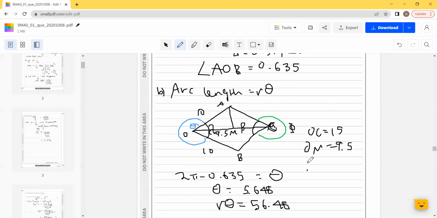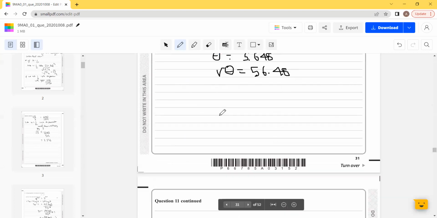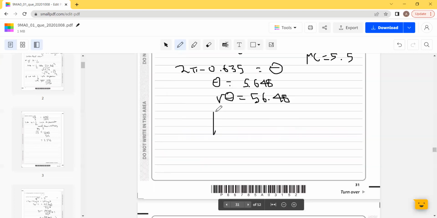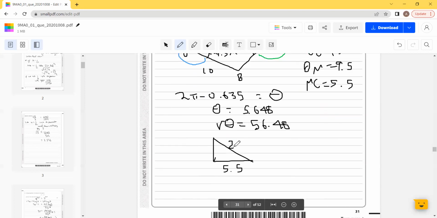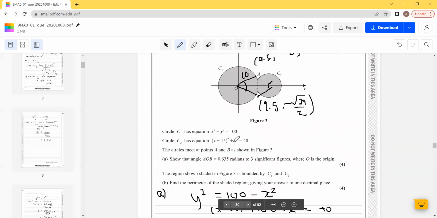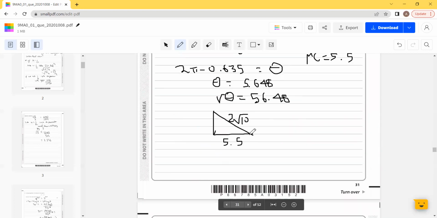So MC must be equal to 5.5. So now I have this triangle over here, 5.5, and the other side, which was 2 root 10, root 40.